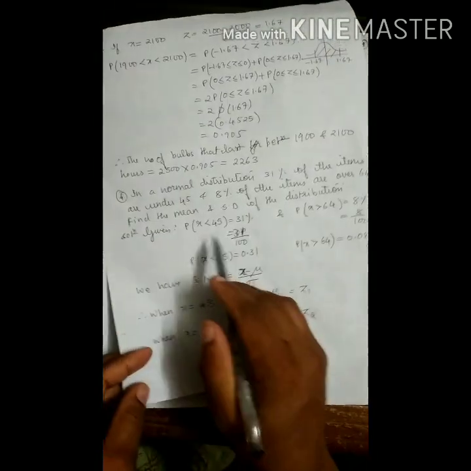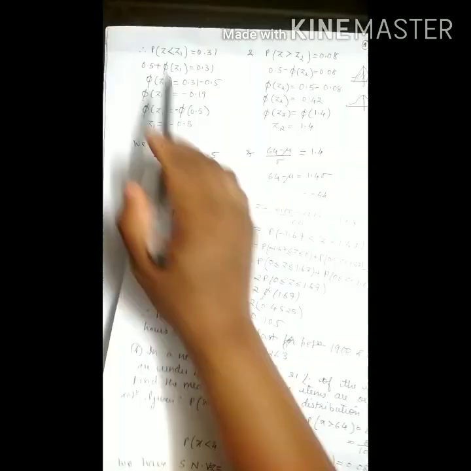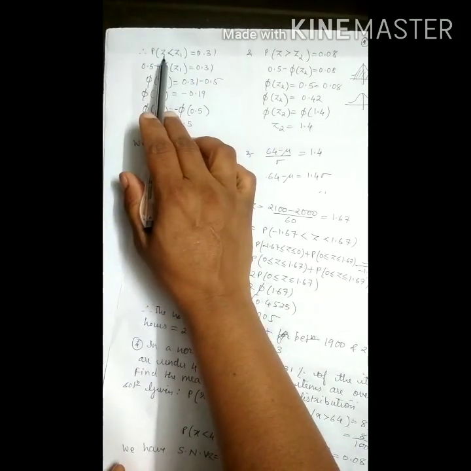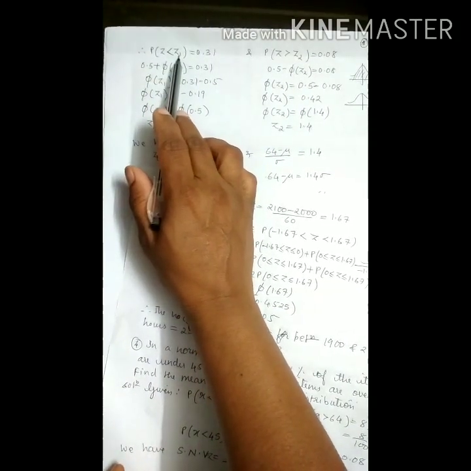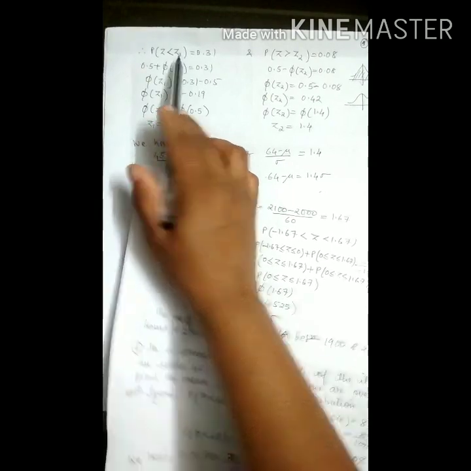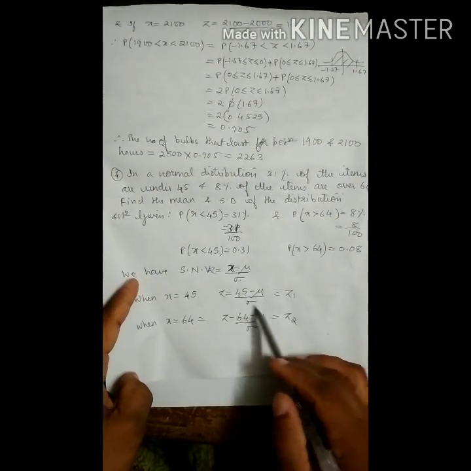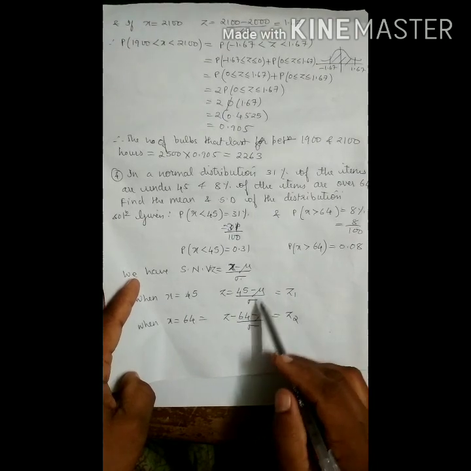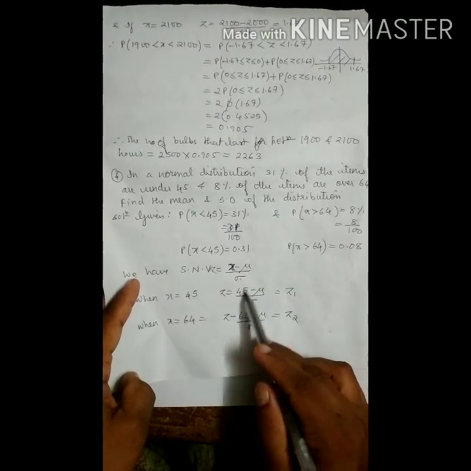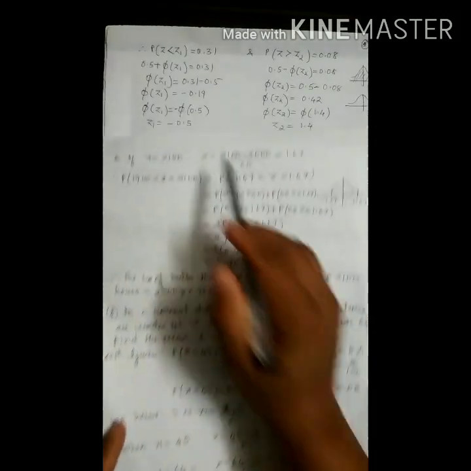Now, as per the given, P of x less than 45 will get converted to z. In terms of z, I have denoted 45 as Z1, because mu and sigma are unknown, so I have denoted this as Z1 for my further calculation.